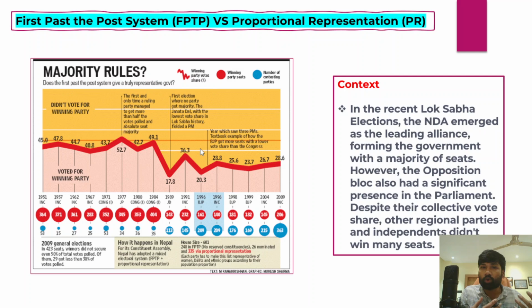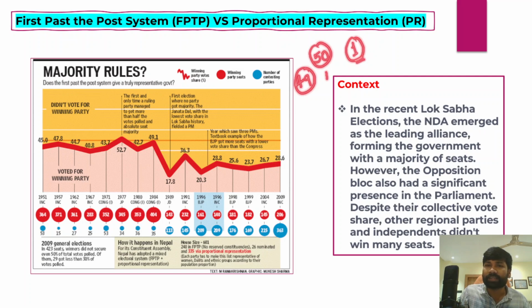However, in order to address the demerits of the first past the post system, proportional representation has been introduced. Proportional representation actually means that, for example, in an electorate, one candidate gets 50% of votes and another candidate gets 49% of the votes, and 1% of the votes are invalid.